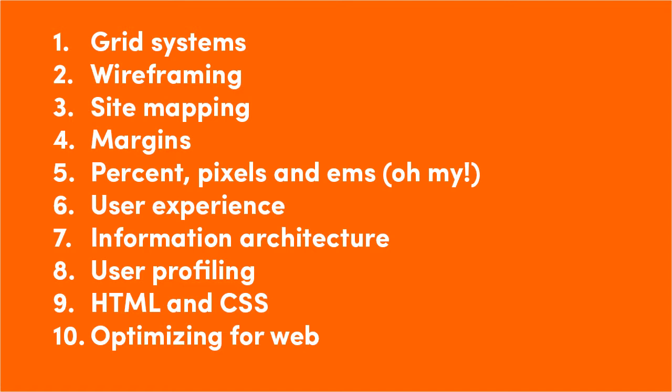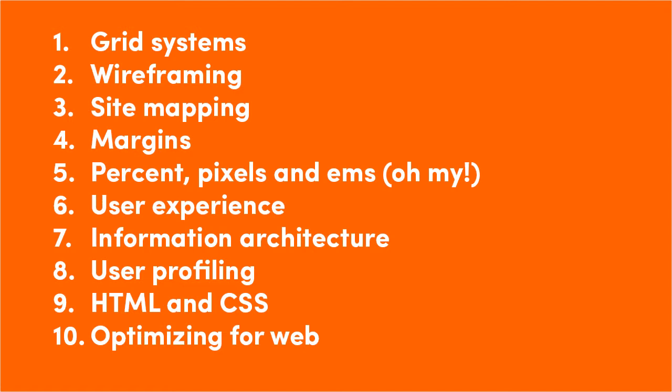Number two, wireframing. Wireframing is also very important. Before starting design, you need to do wireframes to figure out where on the page which content goes, so you have a clear understanding of how your page is structured. Number three, site mapping.